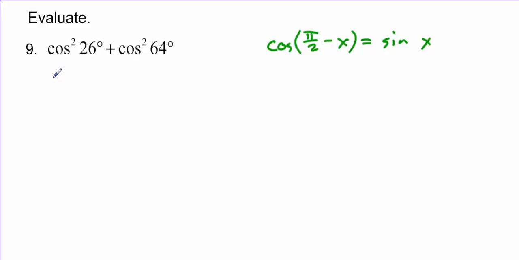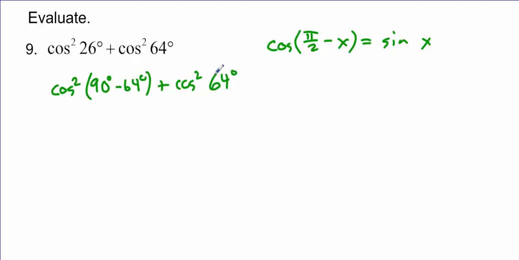So here's what I'm going to think about this. 26 degrees, that's the same as saying 90 degrees minus 64 degrees, right? And so the cosine squared of 90 minus 64 is exactly the same as the sine squared of 64 degrees, using this cofunction property, plus cosine squared 64 degrees.